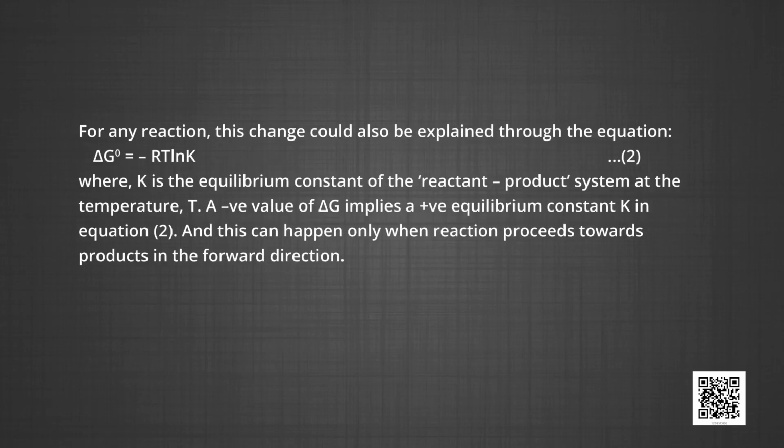For any reaction, this change could also be explained through the equation delta G naught = -RT ln K, where K is the equilibrium constant of the reactant-product system at the temperature T. A negative value of delta G implies a positive equilibrium constant K in equation 2, and this can happen only when the reaction proceeds towards the products in the forward direction.